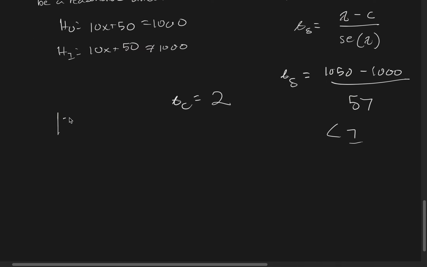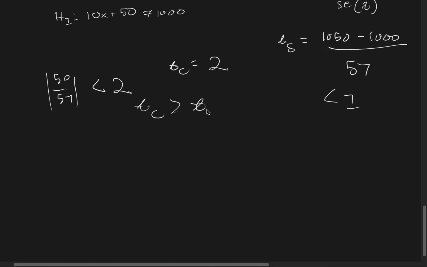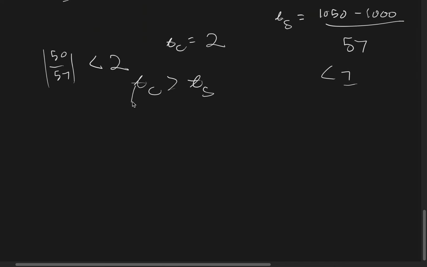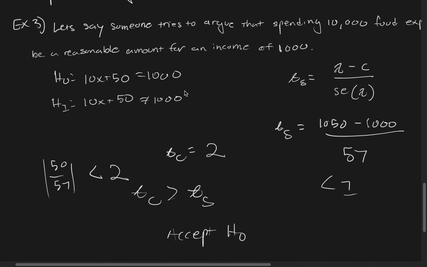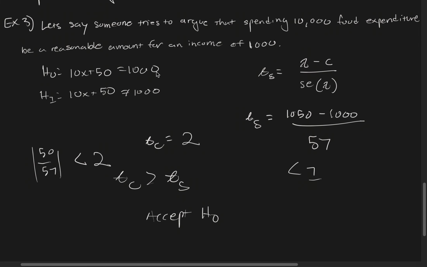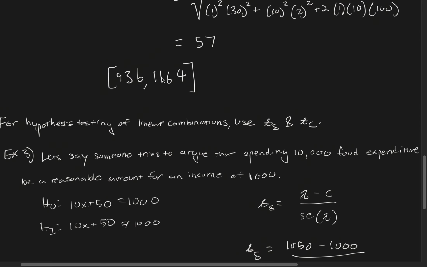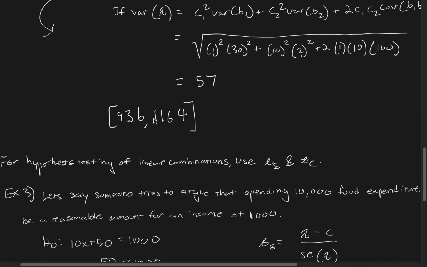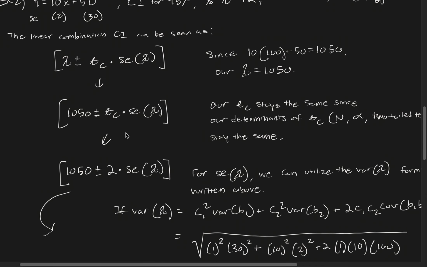Because the absolute value of 50 over 57 is less than 2, we'd say the test statistic is less than the critical value, and in that case, we accept the null that's saying our food expenditure is going to be 1,000, because 1,000, even in this case where we calculated using confidence intervals, is within the interval given from our formula here.